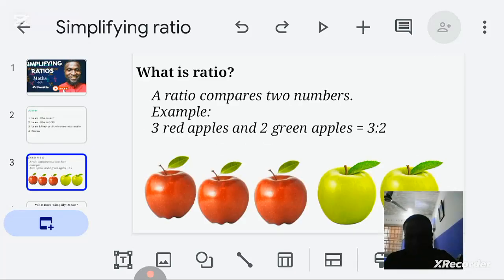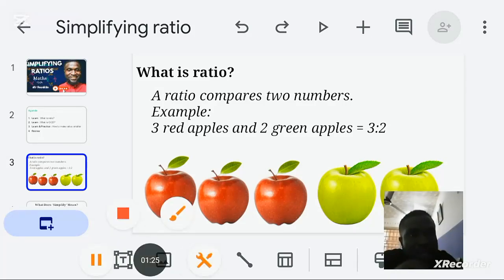Alright, the first agenda item is, what is a ratio? Now a ratio is a way to compare two things. For example, if I have 3 red apples and 2 green apples, the ratio of the red apples to the green apples is 3 to 2, and it is written on the screen below.